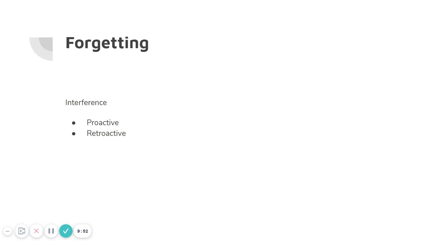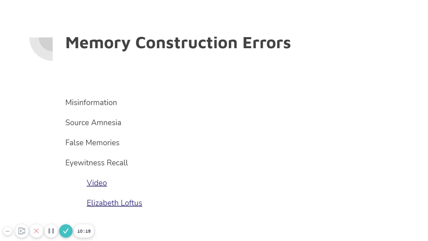Retroactive, it's retro, right? It's old, it's cool. You're trying to remember old information, like you can't remember your old schedule from 6th grade because the new one is interfering. I think the easiest way to differentiate the two is what you're trying to remember. Proactive is you're trying to remember the new, retro is you're trying to remember the old, but then other stuff gets in the way and you can't.